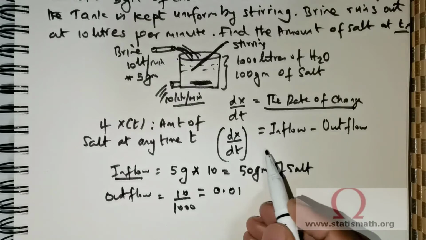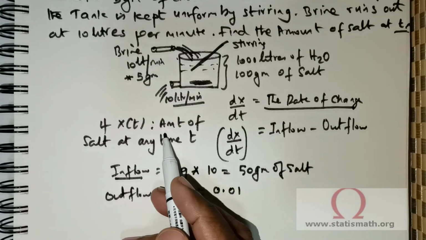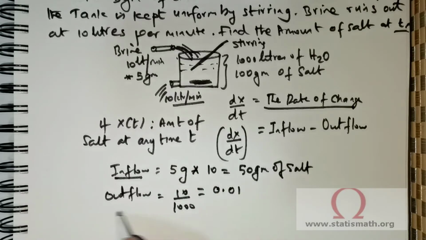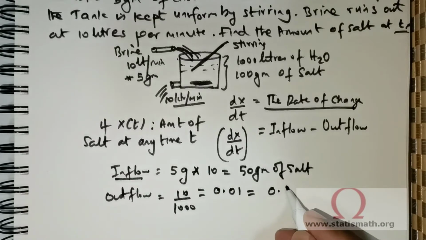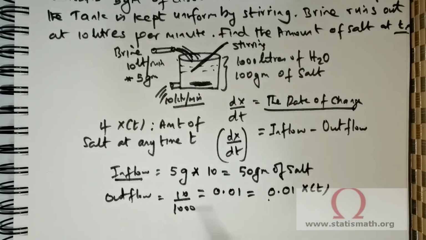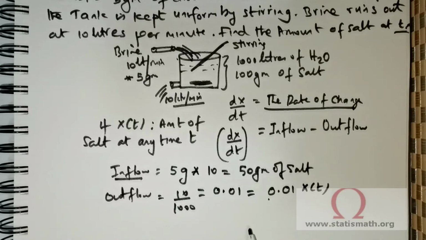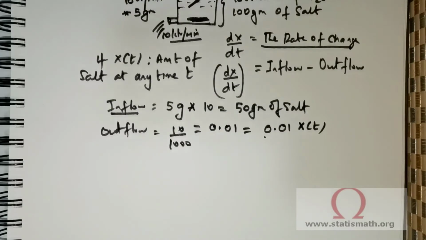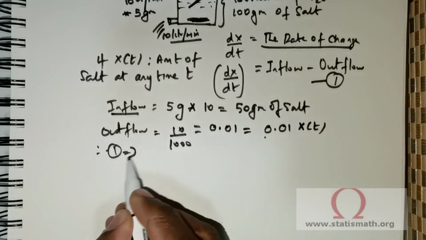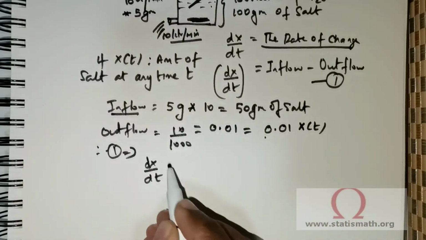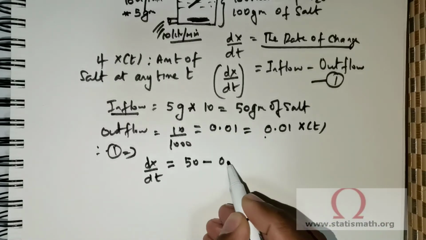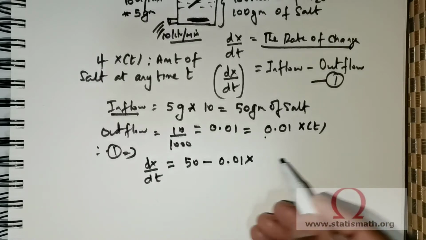Now if we take x of t to be the amount of salt at any time t, the outflow will be equal to 0.01 multiplied by x of t. This is the quantity which would be flowing out. So the system, if I take it as 1, can be written as dx over dt is equal to 50 minus 0.01 x.